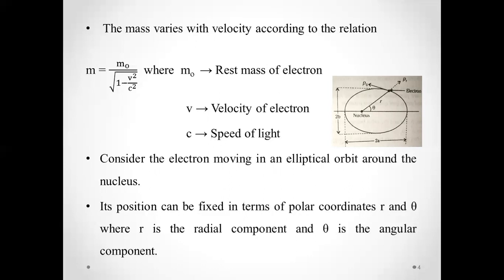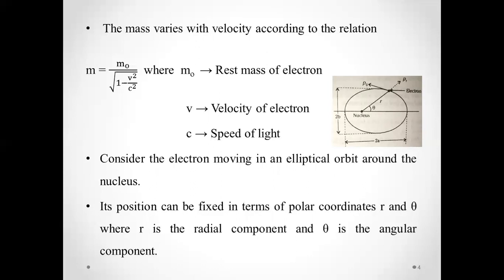Now, to understand the actual application of these modifications, let us consider an electron moving in an elliptical orbit around the nucleus. The position vector can be fixed in terms of the polar coordinates r and theta, where r is the radial component and theta is the angular component.